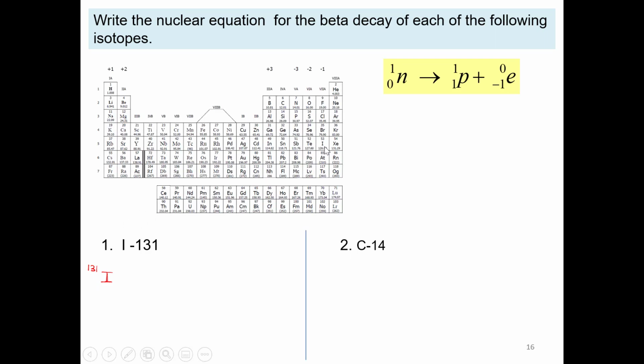For iodine, the atomic number is 53. Then this is the number we need to write here. The number of protons in the case of iodine is 53, and the number of neutrons will be 131 minus 53, which is 78.